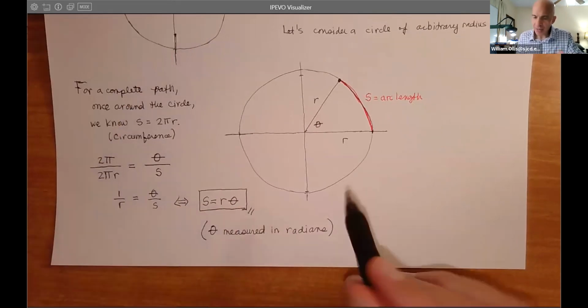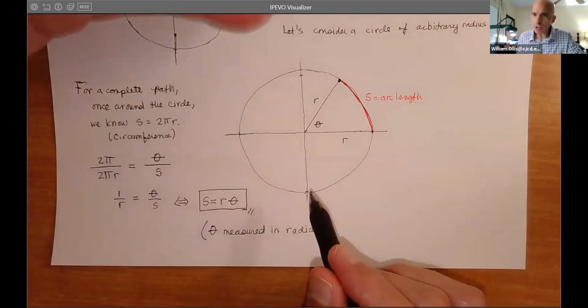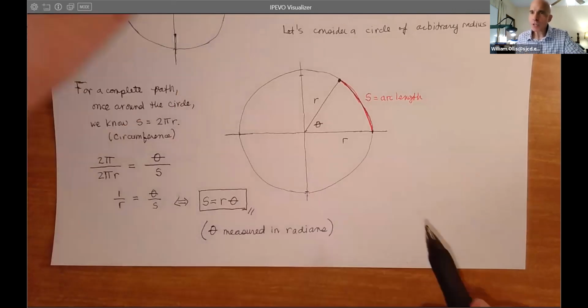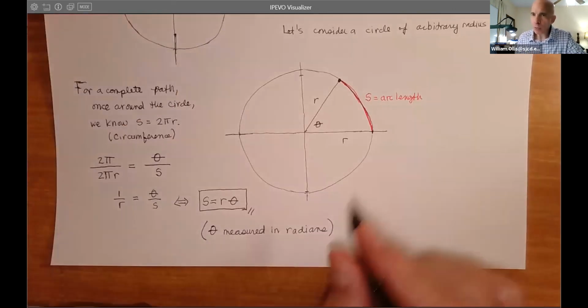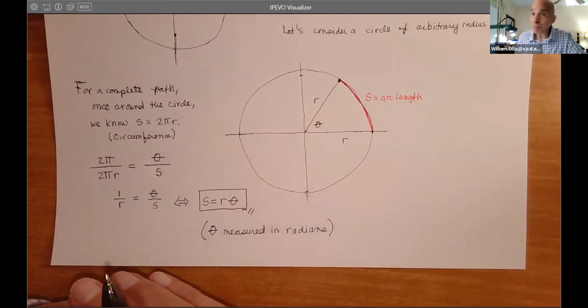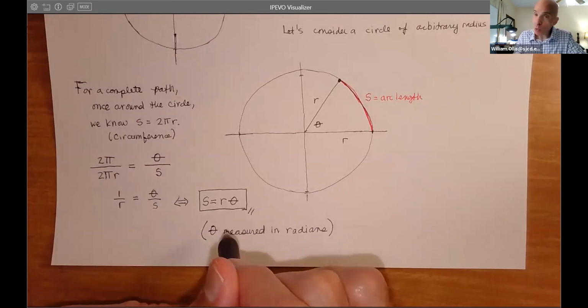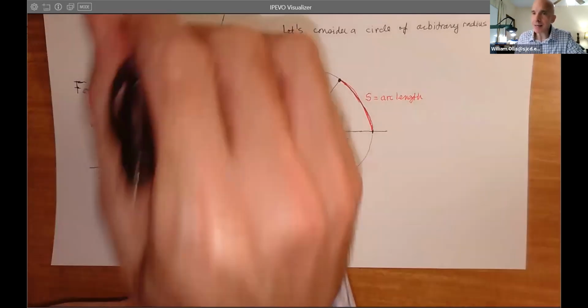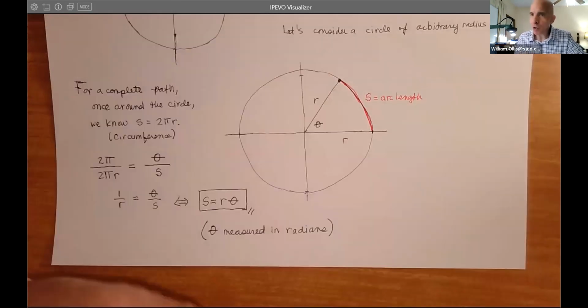Now the thing is that if we start with the unit circle, we can abstract to a circle of arbitrary radius and get a consistent measure. Again, whatever we get here must work here, and we see that it does. That's the art of doing mathematics. You're thinking, how simple is this?